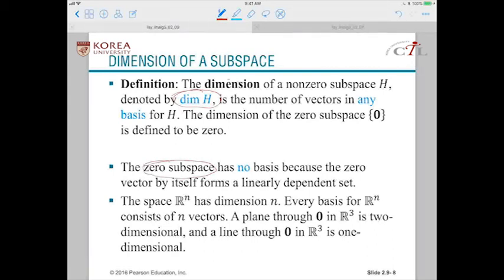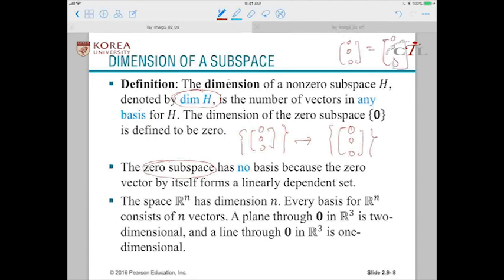Suppose our subspace contains only this zero vector. What is the dimension of the space? Once we add one non-trivial vector, the only vector that we can add is this zero vector, but once we add it, it is already a linearly dependent set, right? Because even using only one vector, we can obtain a non-trivial solution.